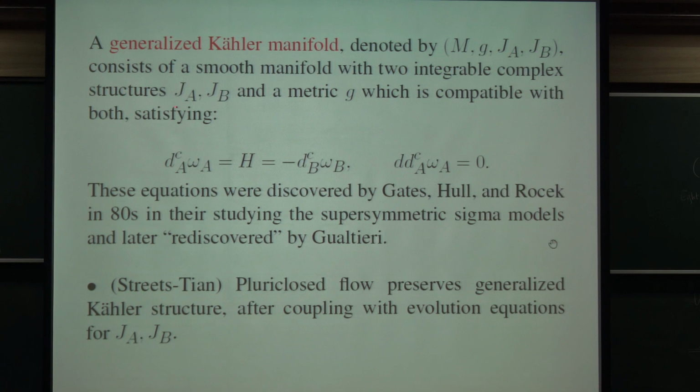These two complex structures are both compatible with the Hermitian metric. So g is a metric, Hermitian with respect to both complex structures, and they have a torsion. It's not a Kähler metric, but it has torsion. The torsion satisfies these conditions. So in a sense, you have two closed conditions.